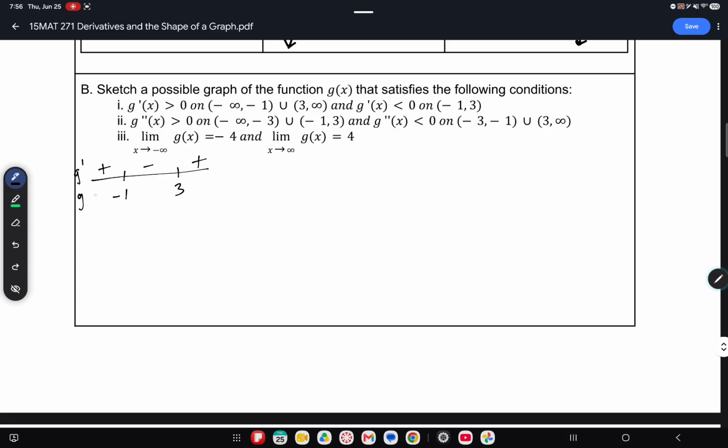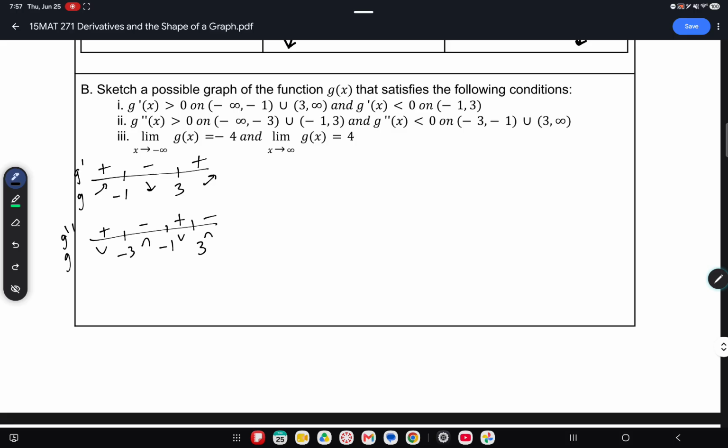So that means my original function is increasing, decreasing, and increasing again. And then second derivative looks like we have values -3, -1, and 3. So we are positive and positive, and then negative and negative, which means concave up, down, up, down.